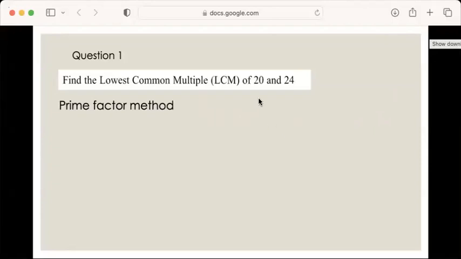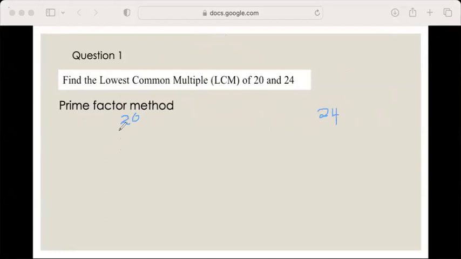Now let's see how we can figure out the lowest common multiple of both 20 and 24 by factorizing. Okay, let's do this. We will take the factors of 20 and 24 first.